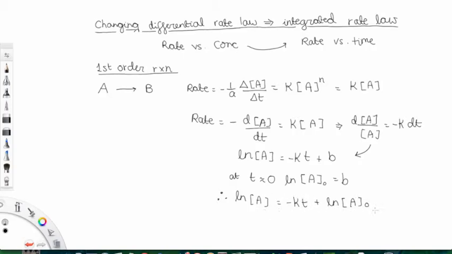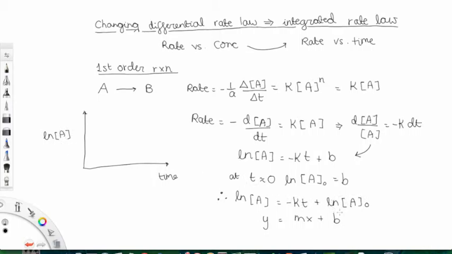And this is now in the form of the equation y equals mx plus b, which is an equation for a linear graph, right? And so I can actually draw it for you right here, where we have concentration versus time. But for the y-axis, to make things easier, it's going to be the natural log of [A].